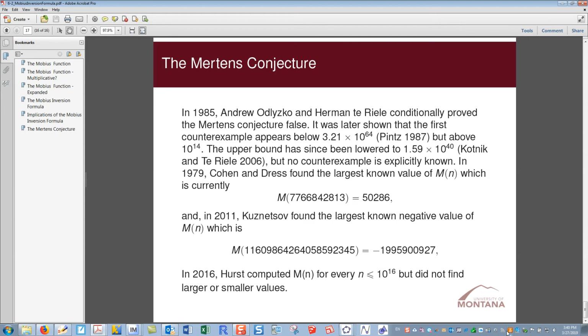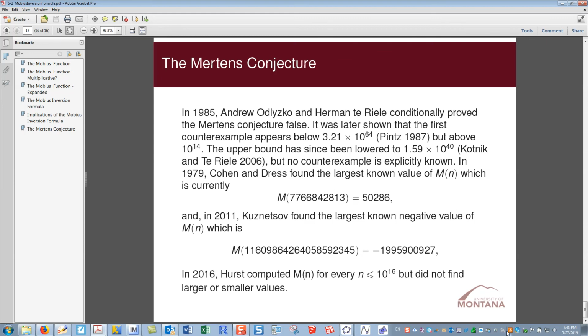It's below that number, but above 10 to the 14th. So we weren't able to find a particular number at first, and no counterexample was explicitly known. In 1979, Cohen and Dress found the largest known value of Merton's number, which is currently around 50,000.